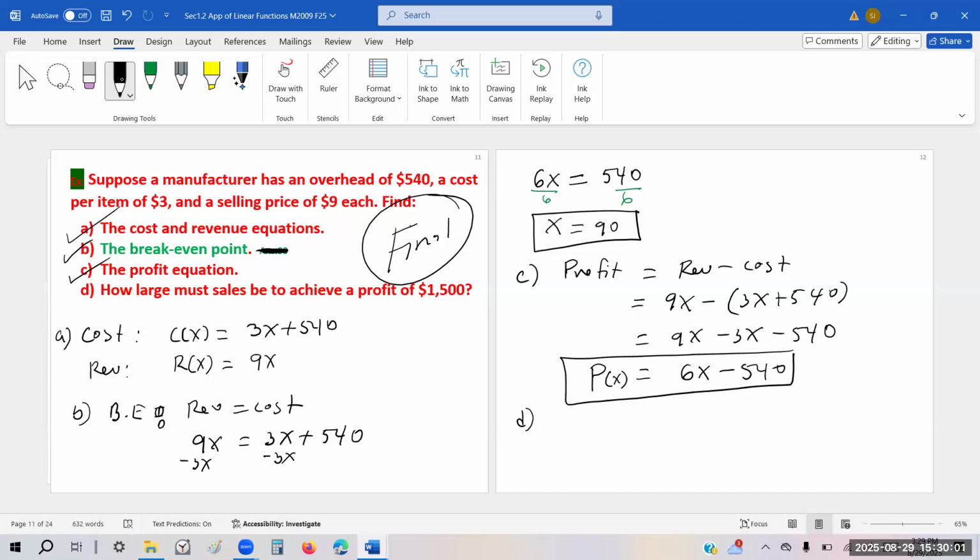Volunteer for D. So my turn. Elise, help me with D. So you're looking for your profit, and this time they gave you the profit of $1,500.